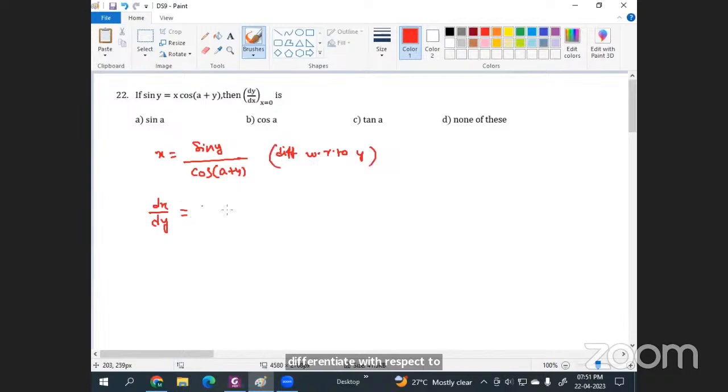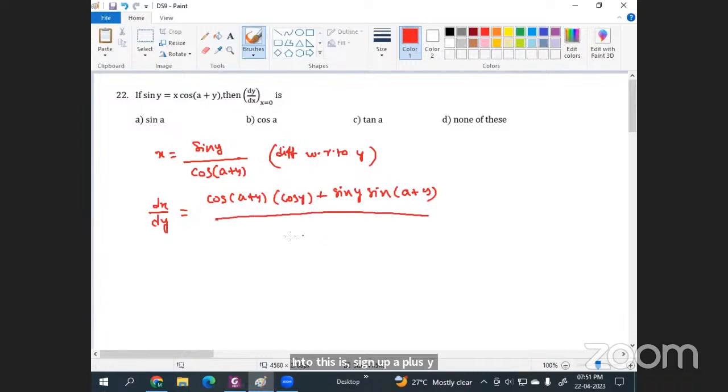Dx by dy equal to cos of a plus y into cos y minus sin y into, this is plus, sin of a plus y, by cos square of a plus y.